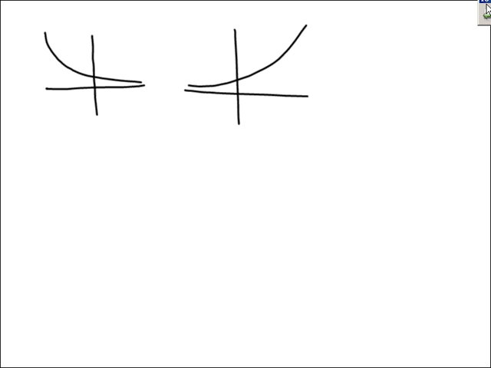Okay. Now, to convince yourself, maybe I should have said this at the very, very beginning. Convince yourself that exponential graphs look either like this or like that. How might you do that?